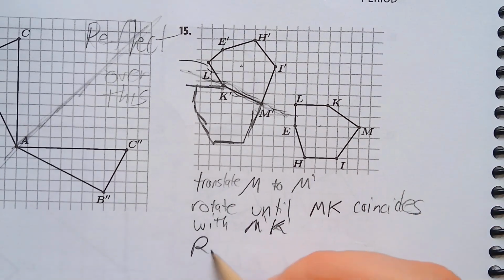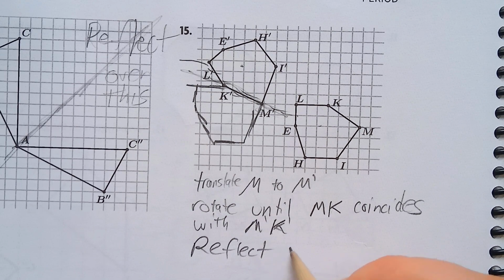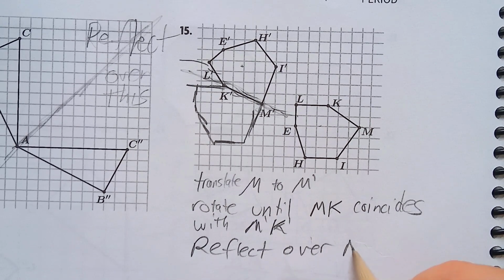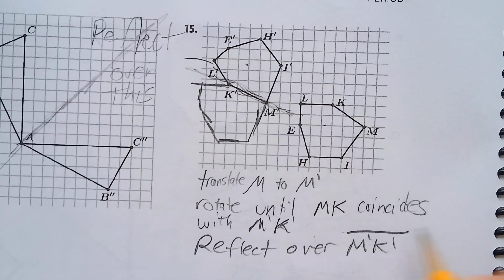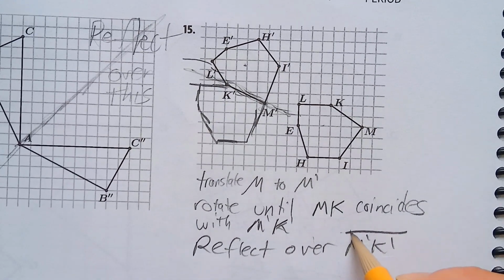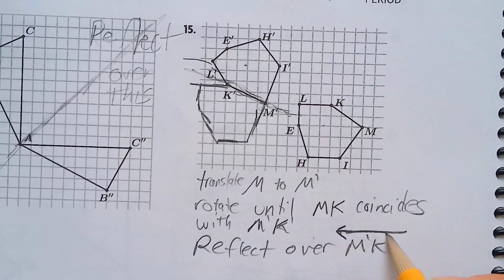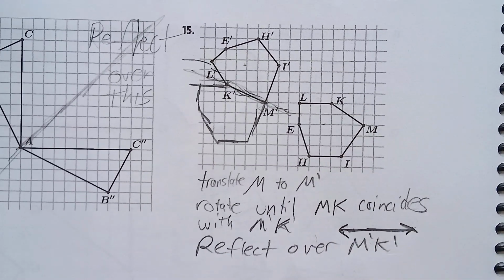So reflect over M K prime, or M, the line segment. Actually, reflections occur over entire lines, whether you want them to or not. So there we go.